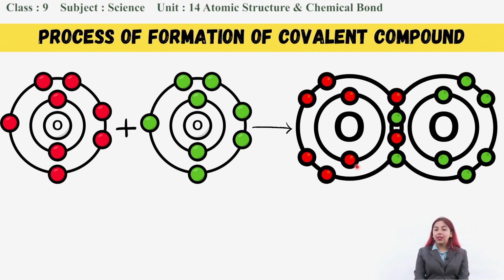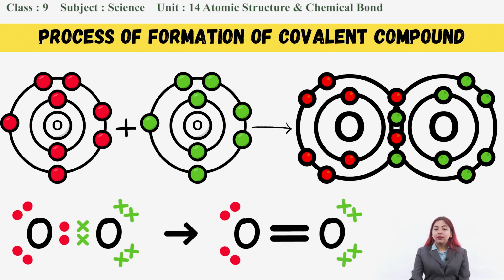Hence, they form a stable octet state, because here you can see each atom has 8 electrons in its outermost orbit. Since they share 2 pairs of electrons with each other, they form a double covalent bond between the 2 atoms of oxygen. So, the oxygen molecule is also a covalent compound.